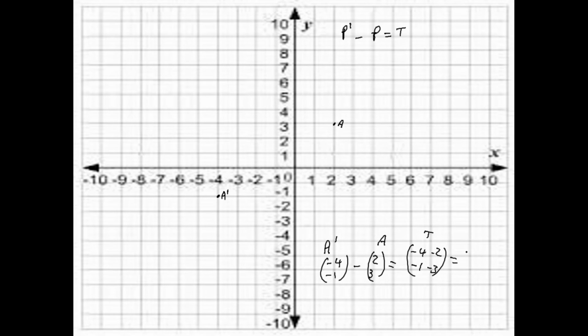So in simplifying this now, it is equal to a minus 6 and a minus 4. That is what our transformation matrix is. Okay. We know our transformation matrix is equal to minus 6, minus 4.